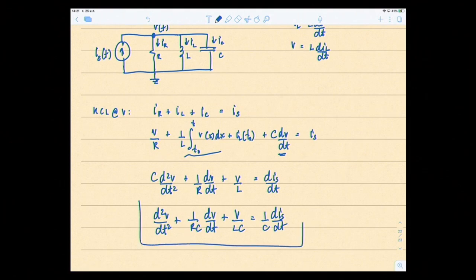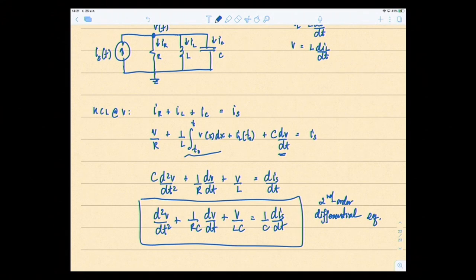So therefore you will get what is called a second order differential equation. You should be doing second order differential equations in your math class right now, parallel to this.